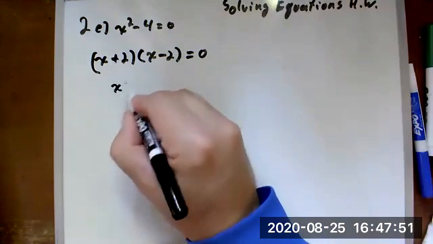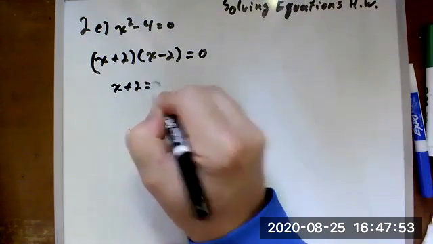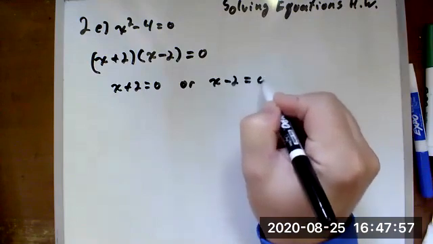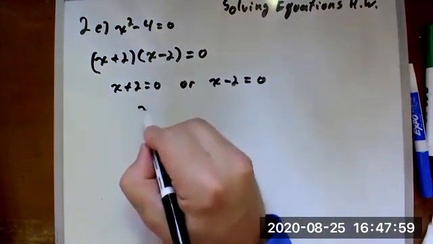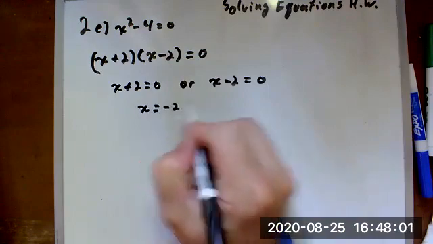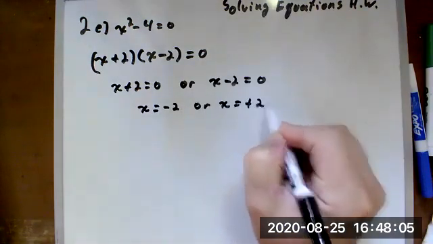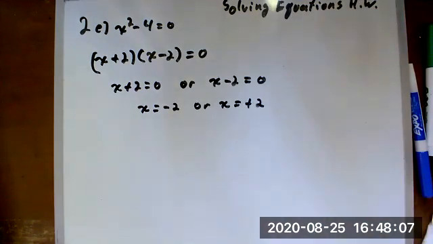So then our answers are for x plus 2 equals 0, or x minus 2 equals 0, which means x is equal to negative 2, or x is equal to positive 2.